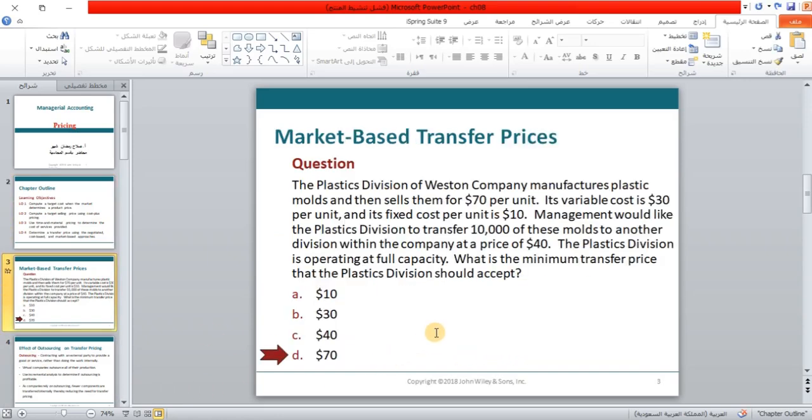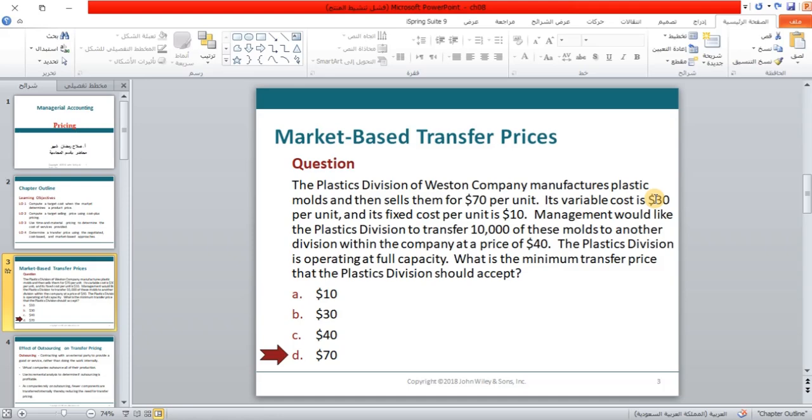In the previous recording, we discussed this multiple choice question and the answer was 70 because the division is operating at full capacity. The minimum transfer price was 70. How did we come to 70? It's the variable cost 30 plus the opportunity cost.